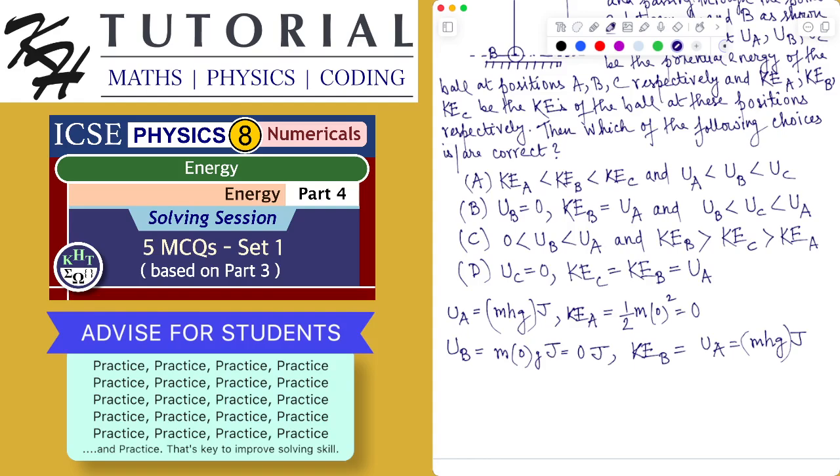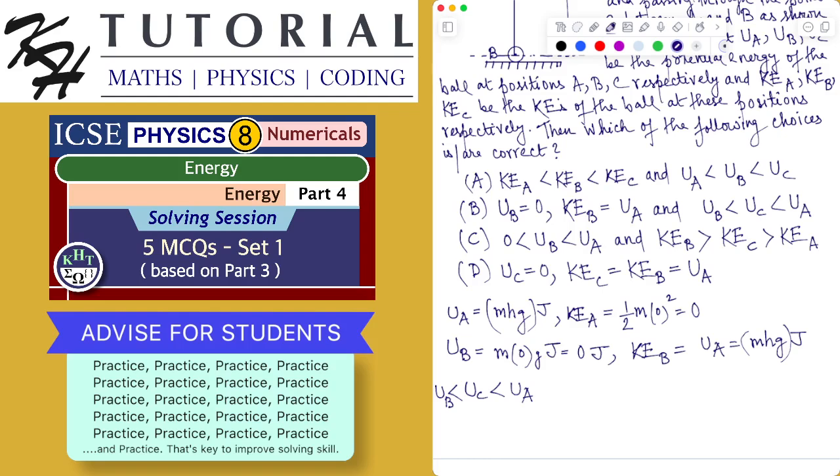So definitely UC will be less than UA. Also UC will be greater than UB, because the point B is at the ground level where the potential energy is 0, but point C is at a certain height. So we will have UB less than UC less than UA.